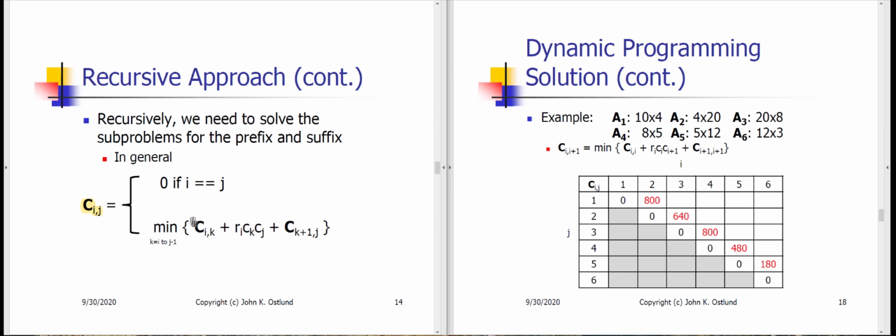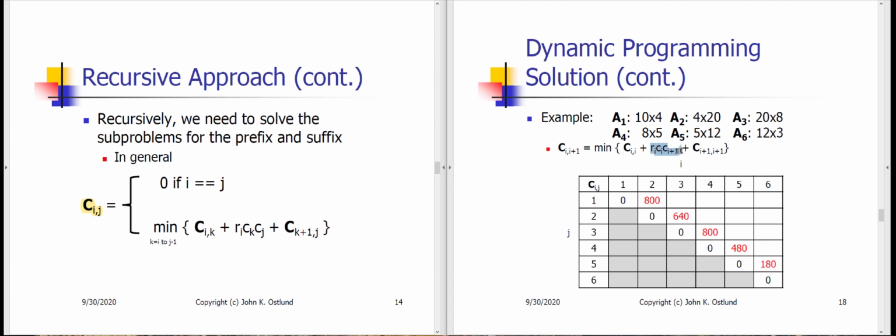The cost of the first matrix all by itself is 0. The cost of the second matrix all by itself is 0. And so the only real cost, if we have A sub i and A sub i plus 1 involved, is r sub i times c sub i times c sub i plus 1.